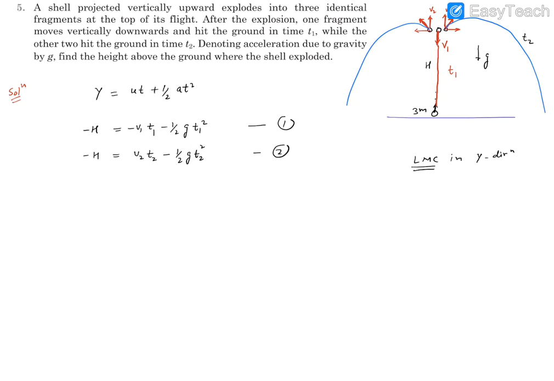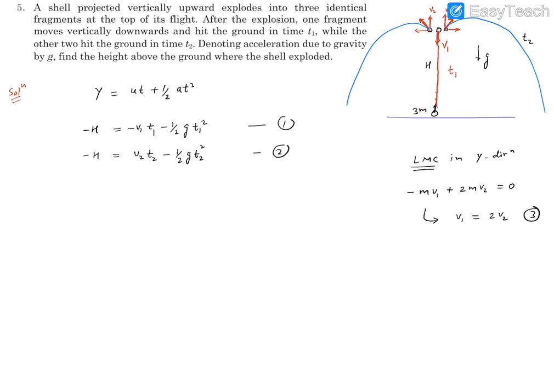So m mass is moving with velocity v1 downward plus 2m mass moving upward with velocity v2. The final momentum is equal to the initial, which was zero, since it was at the topmost location, at rest. This gives a relation between v1 and v2: v1 is equal to twice v2. So that's the third equation.